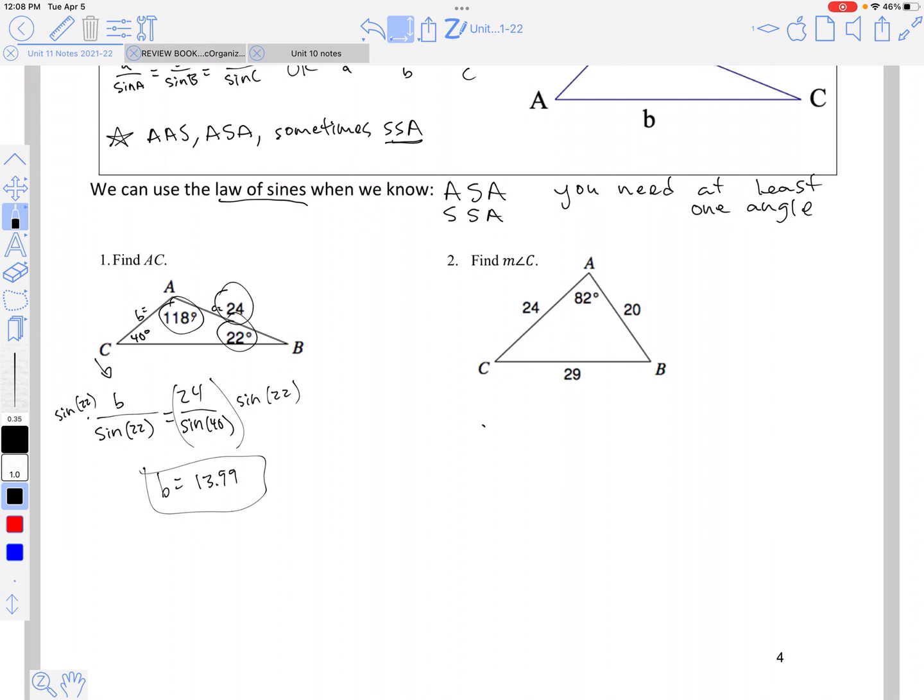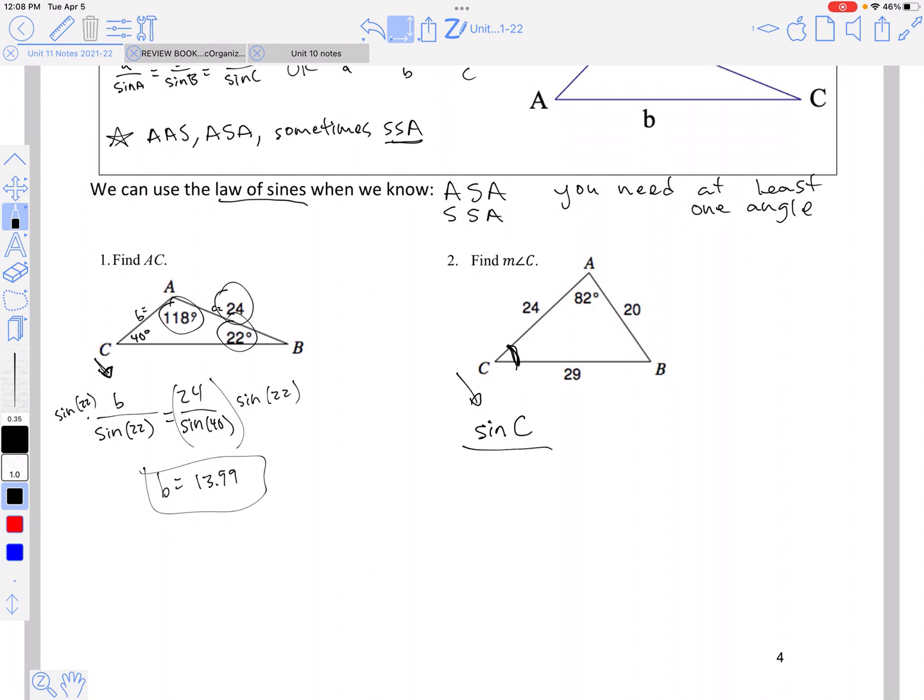Okay, I need to find angle C. Because I want to find an angle, I'm going to write sine C here. Whatever I want to find, I start putting on the top. It just makes the algebra easier.